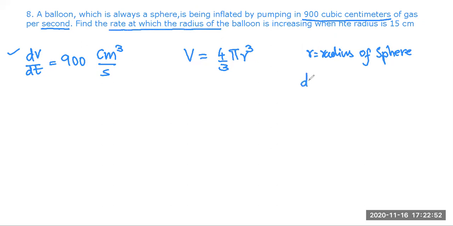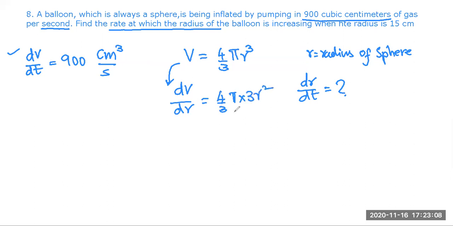So he is asking us to find dr by dt. So now I differentiate this first. dV by dr equals 4 by 3 pi into 3r square. So this 3 gets cancelled. So we got 4 pi r square.